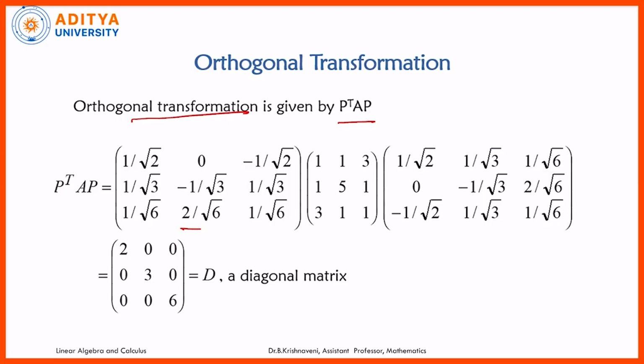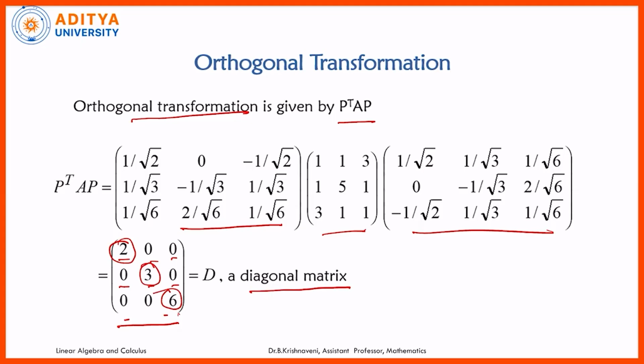So, write down P transpose, A is the given matrix, and P. Calculating the multiplication of these three matrices, the resultant matrix is 2 0 0, 0 3 0, 0 0 6. That is, we got a diagonal matrix in which the diagonal elements are the eigenvalues.